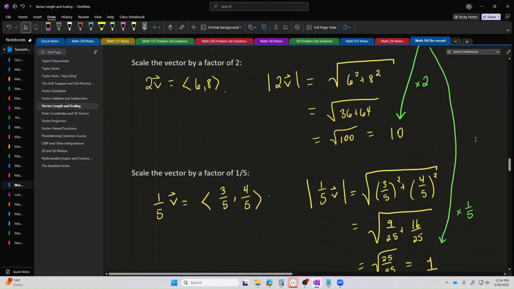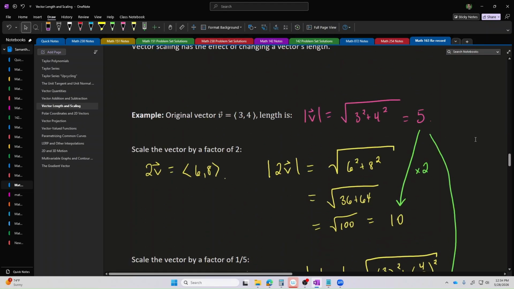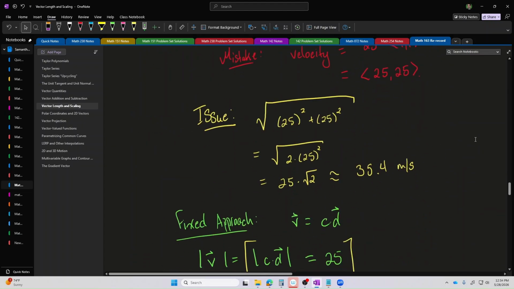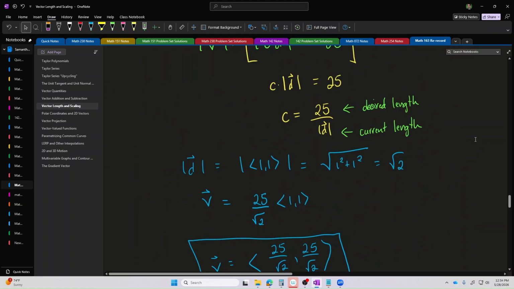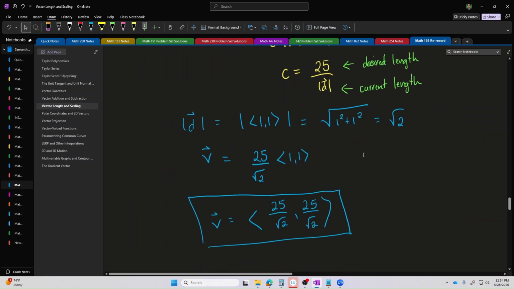If you use this principle, you can take a given vector and change its length to whatever you want. If you have a vector and you want to change its length to some desired outcome, you scale the vector by a fraction. The fraction where the length that you want is in the numerator, and the length that you currently have is in the denominator.